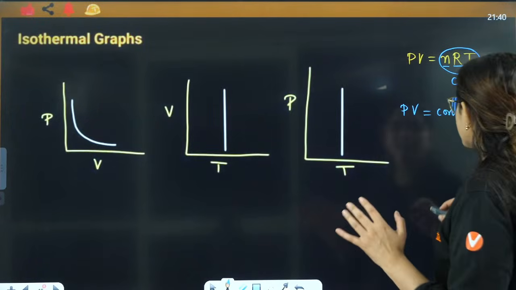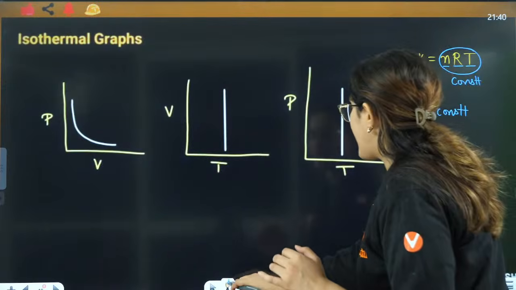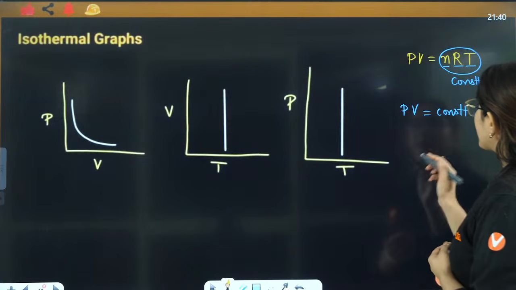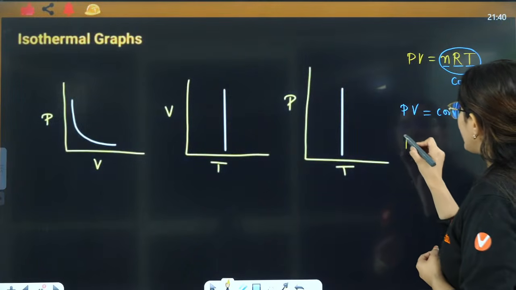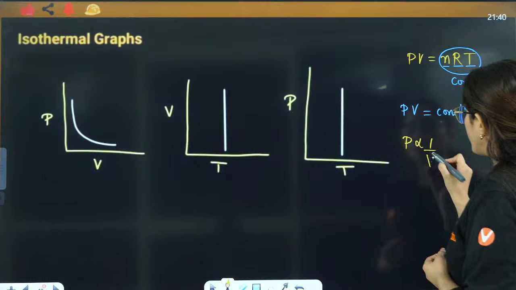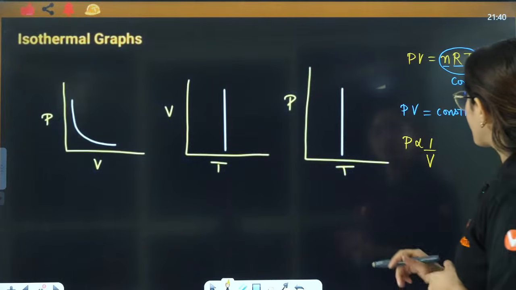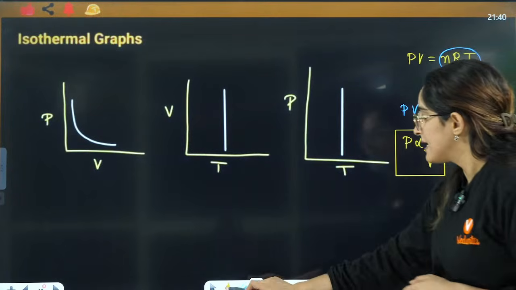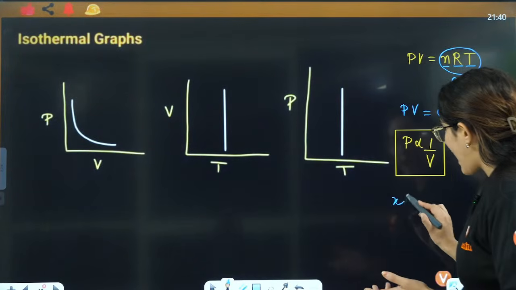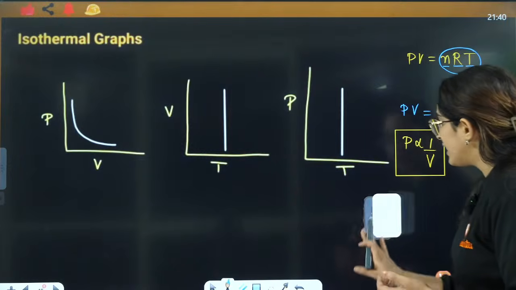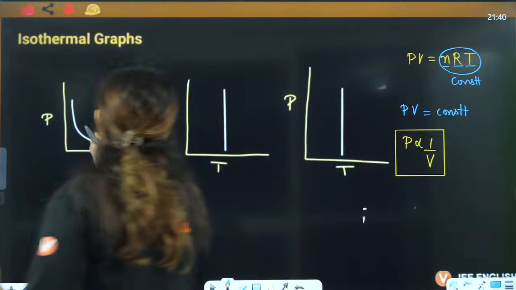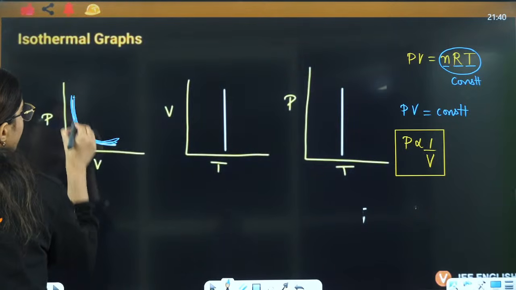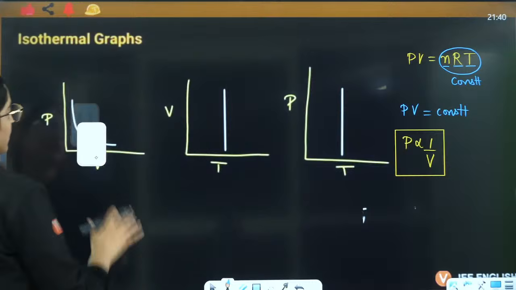That means we can say that P is inversely proportional to V, right? Whenever two things are inversely proportional to each other, whenever you have a graph of x inversely proportional to y, that graph is curved. It is a non-linear graph with this kind of slope.